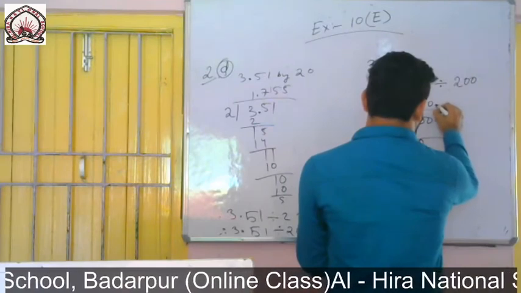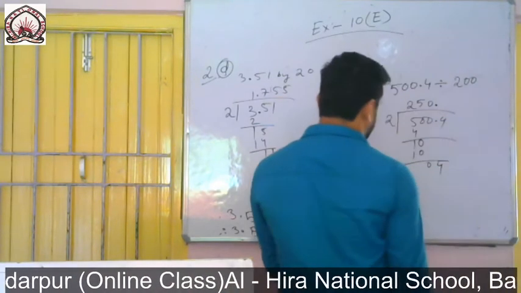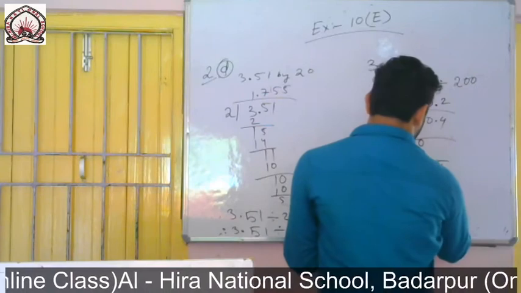Then after that we are getting point, now we shall take 4. Then 2 2s are 4.